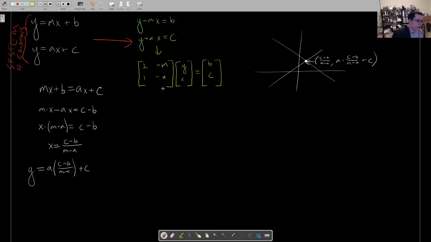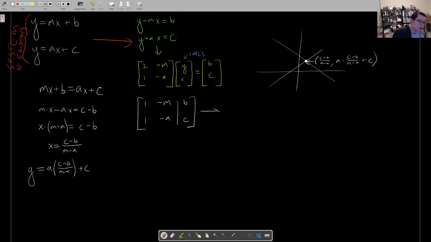So what we're going to do is we're going to say, this is our label. And then we're going to create our matrix to reduce. So we'll do 1, negative m, b, 1, negative a, c.